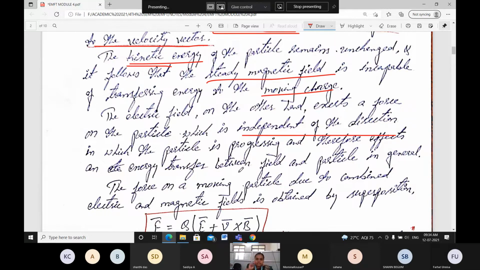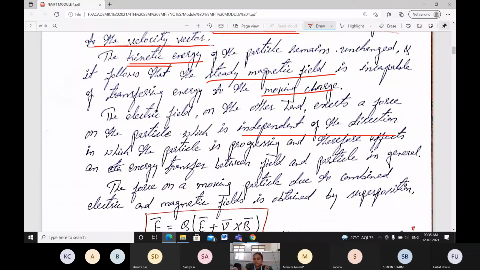Energy transfer happens between the field and the particle. The force exhibited by the electric field is independent of the direction in which the particle is moving, but when it is moving, it gives energy between the field and the particle.